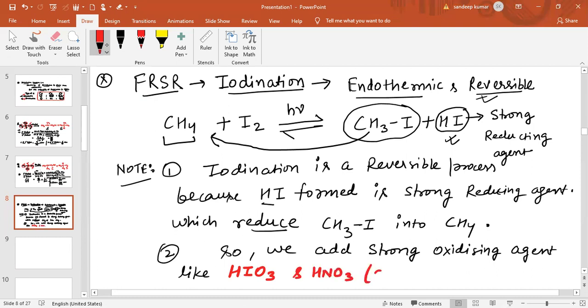Note these two, this is a very important question. These are the strong oxidizing agents added in the iodination reaction for reaction completion. These oxidizing agents oxidize HI into I2. How? The oxidation number of I is -1 in HI and the oxidation number of I is 0 in I2. An increase in oxidation number means oxidation.